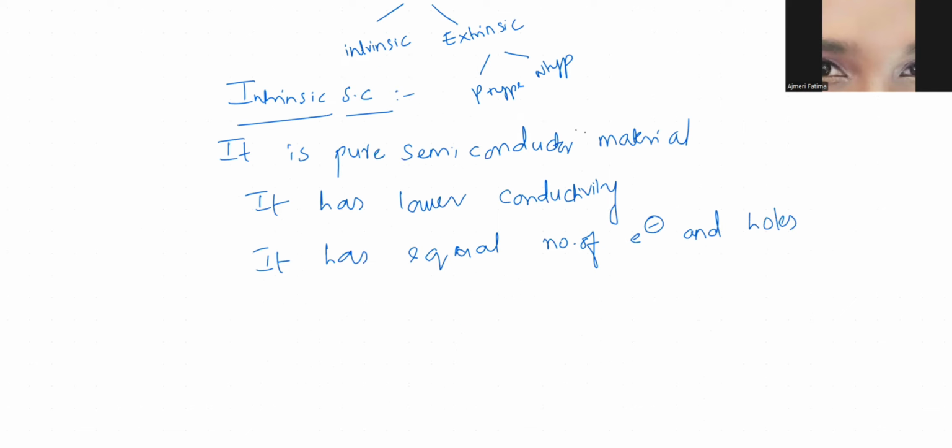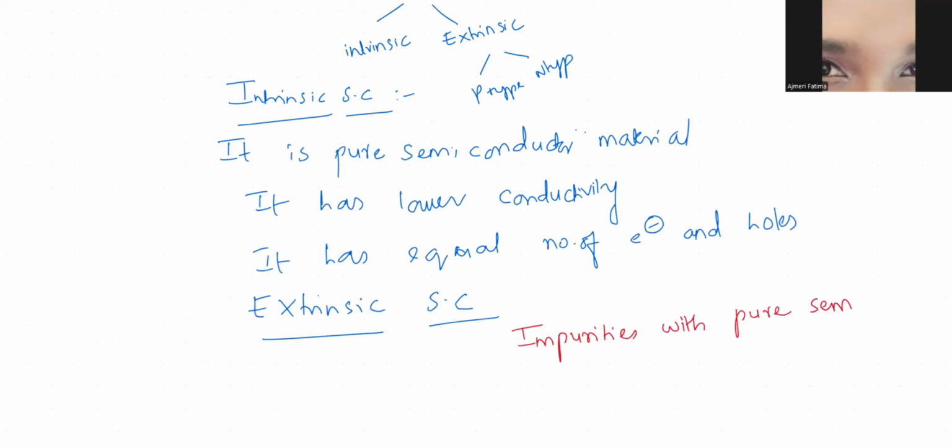Next is extrinsic semiconductor. So what is an extrinsic semiconductor? It is nothing but a pure semiconductor with impurities.